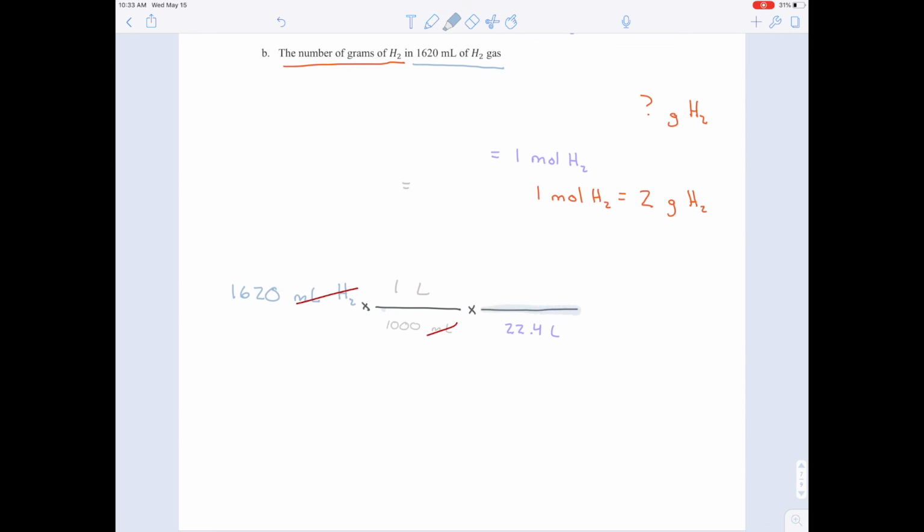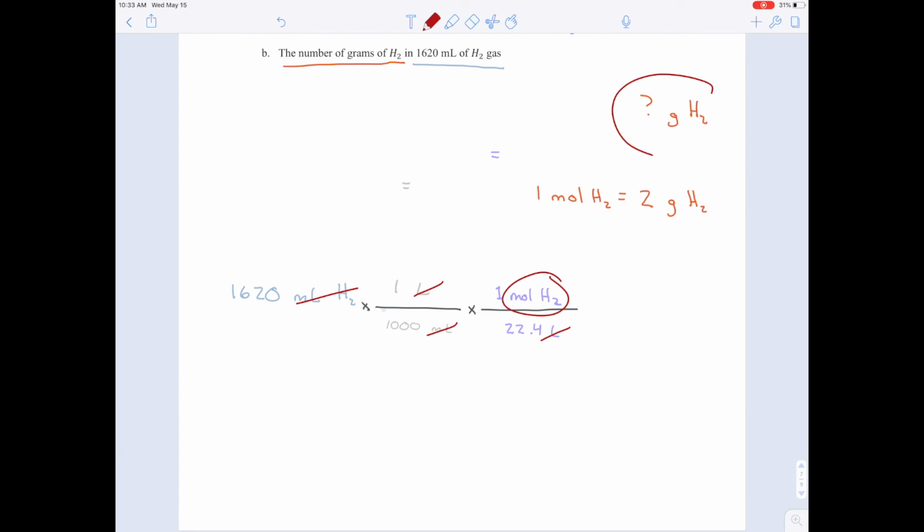Going over the fraction bar is like going across the equal sign, so on top, we'll have 1 mole of H2. Notice how liters cancel out, and we're left with moles of H2.